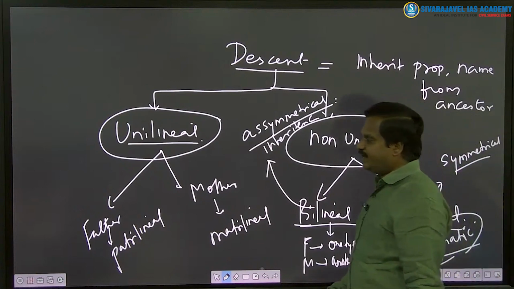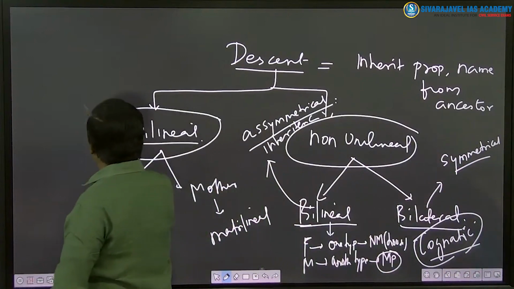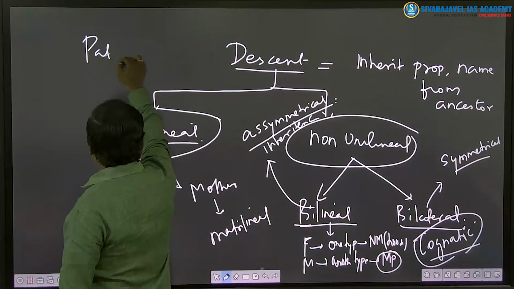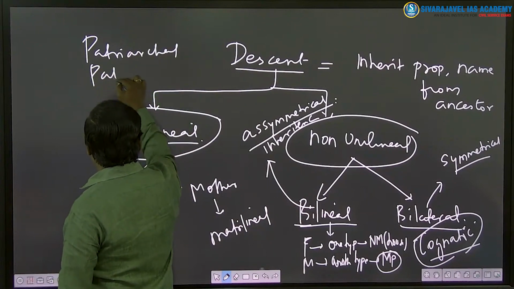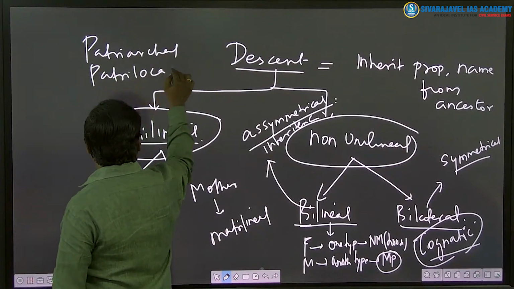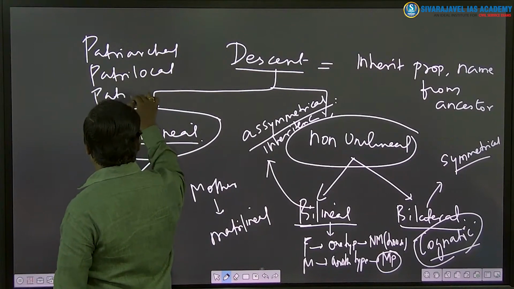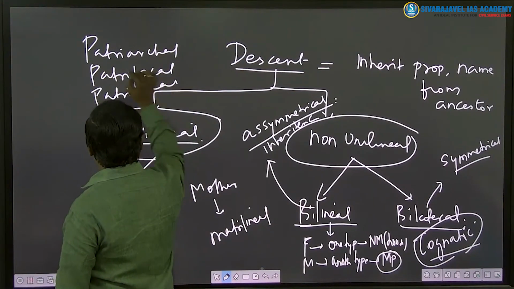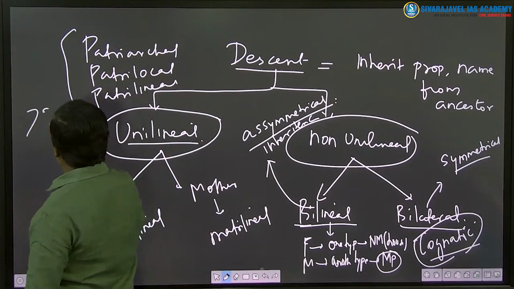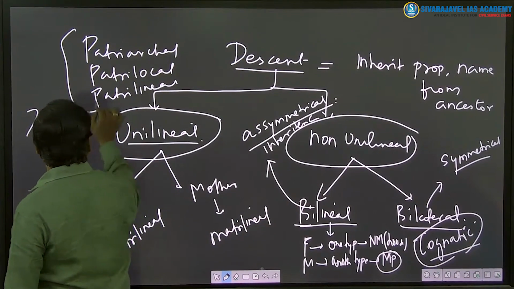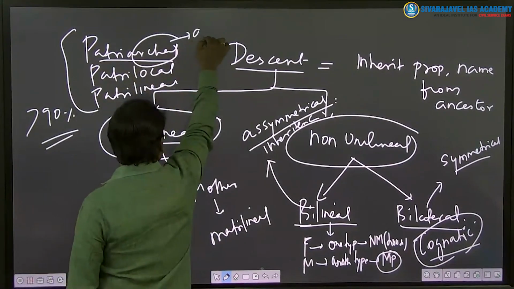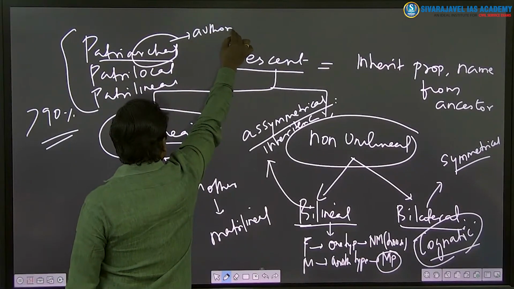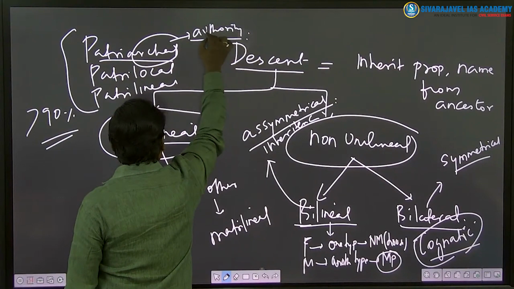But more than 90% of societies are patriarchal, patrilocal, patrilineal. Archal means authority, power. Father, the male of the family, is the authority.